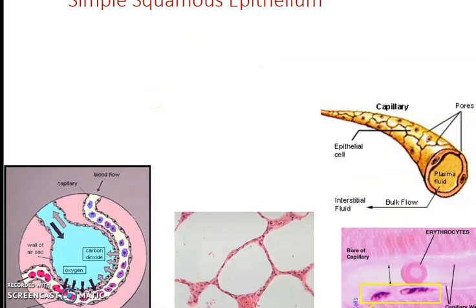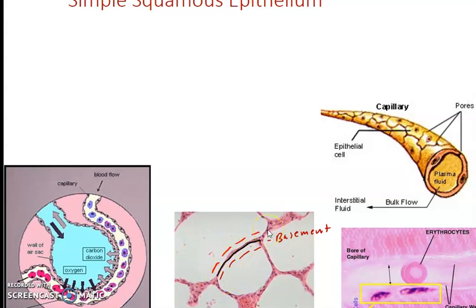So, simple squamous epithelial. This is found in your alveoli. Now, in your alveoli, you have this very, very thin membrane. So we have these squished cells right here, simple squamous, and they actually share a basement membrane with each other.